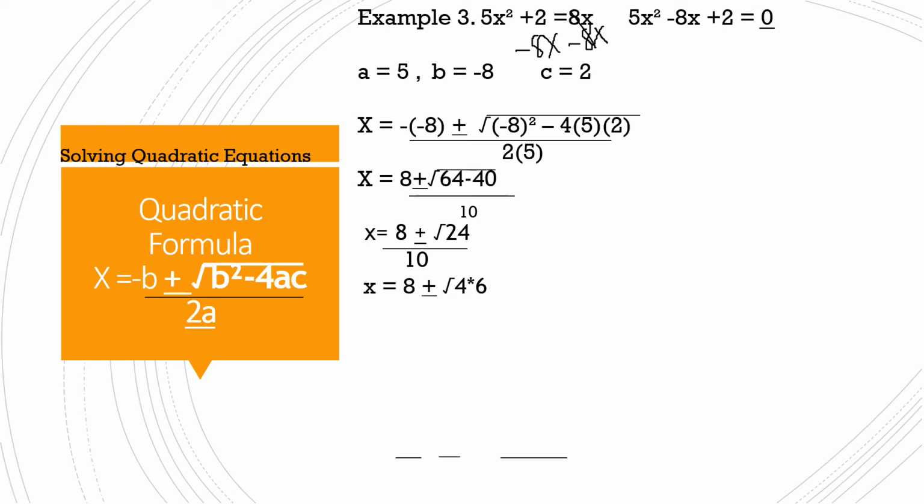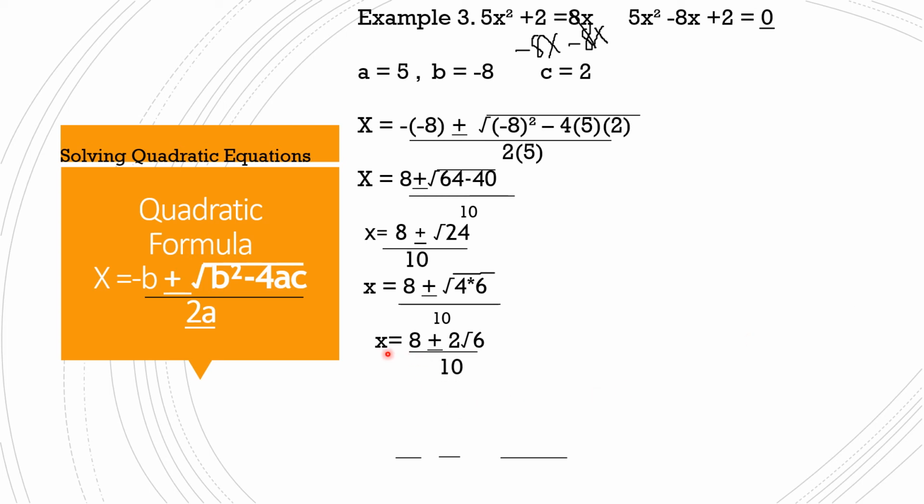So inside the radical sign, 24 can be written as 4 times 6 because we choose this because 4 is a perfect square. And we can bring that outside, or we can extract the square root of 4. And we have divided by 10. Now, square root of 4 is 2. So that is 2 times square root of 6 divided by 10.